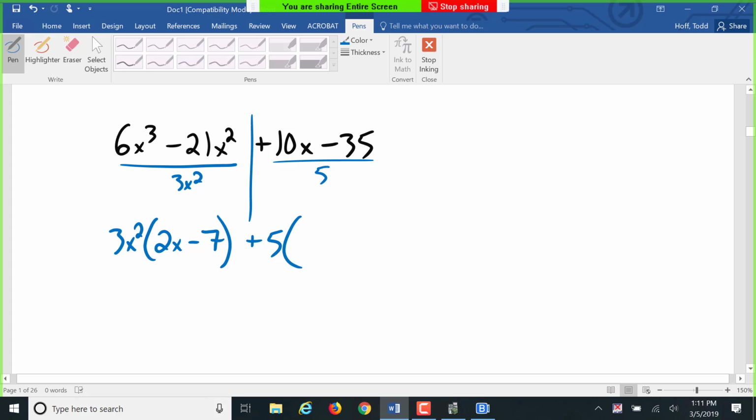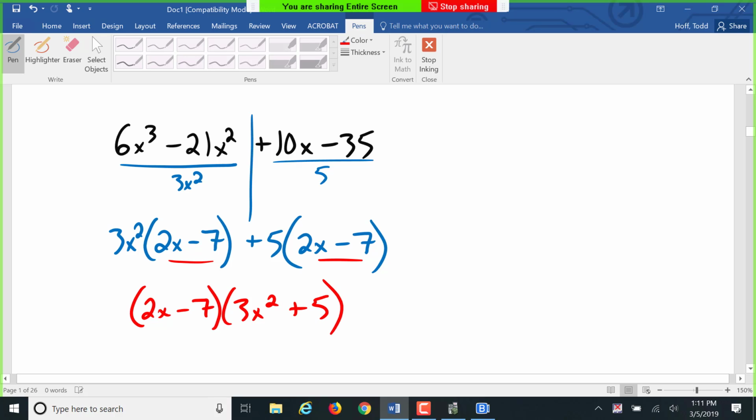I'm left with 2x minus 7. Perfect. So now that I have the same expression in there, I can factor that out to get 2x minus 7 times 3x squared plus 5. So that was called grouping.